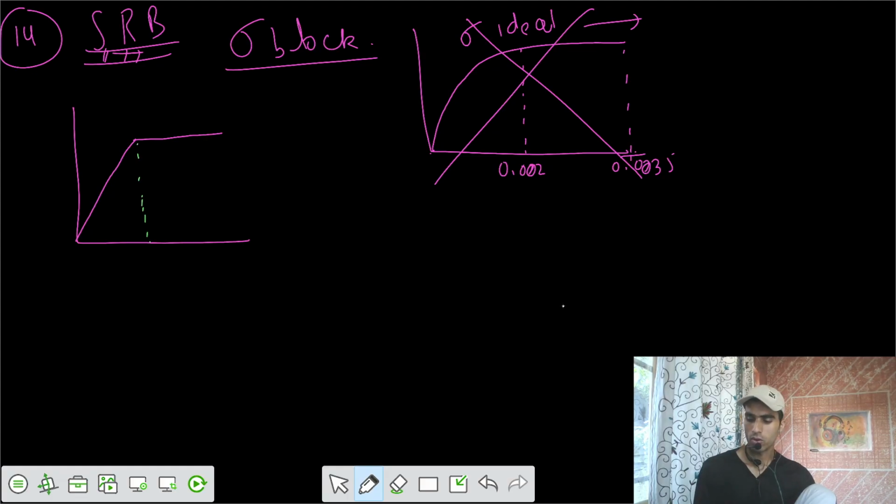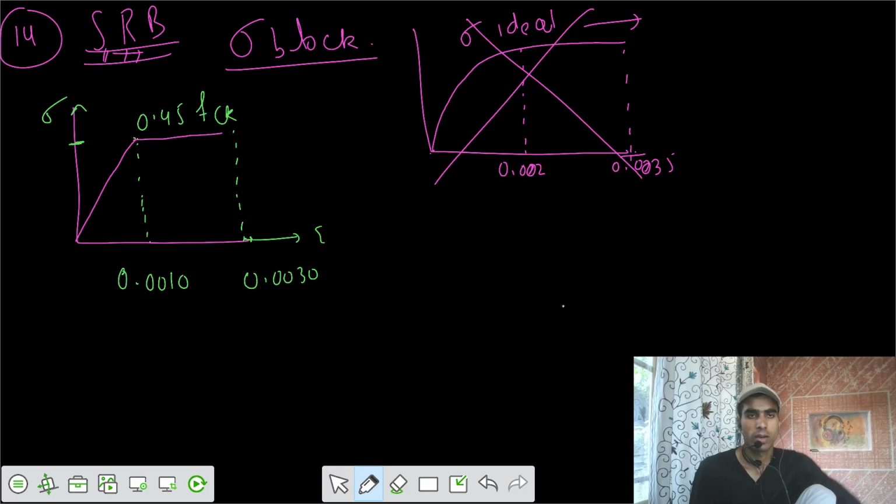So if I am going to take it in this way, the strain at this location where the compressive stress peak was developed is 0.0010, and the strain at failure is 0.0030, and the stress here is 0.45 fck. This is the final stress we have.